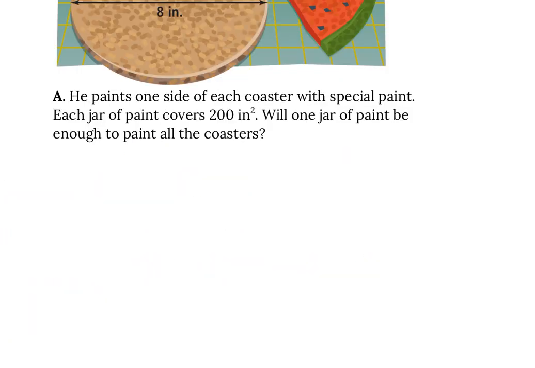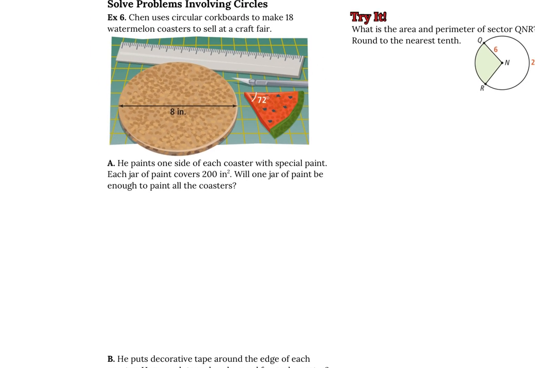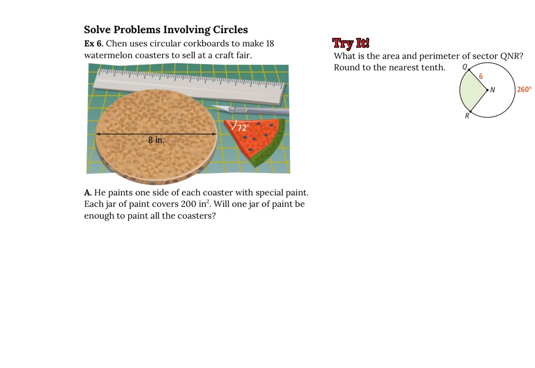Okay, so we want to see if he has enough paint to make his coasters. He's trying to make 18 coasters, and each coaster is being cut out of a circle that is 8 inches in diameter.